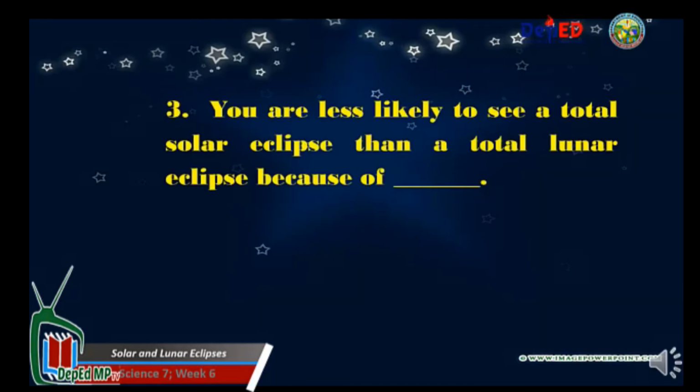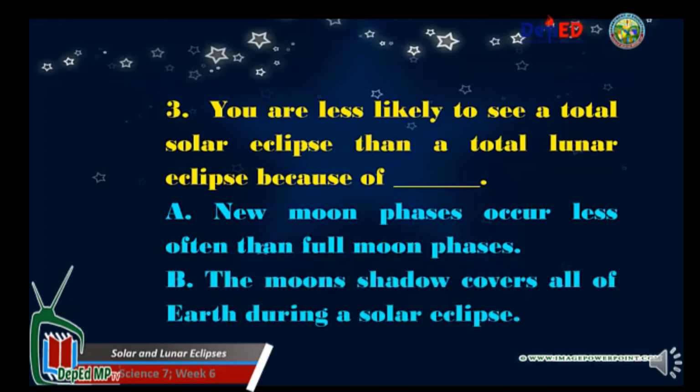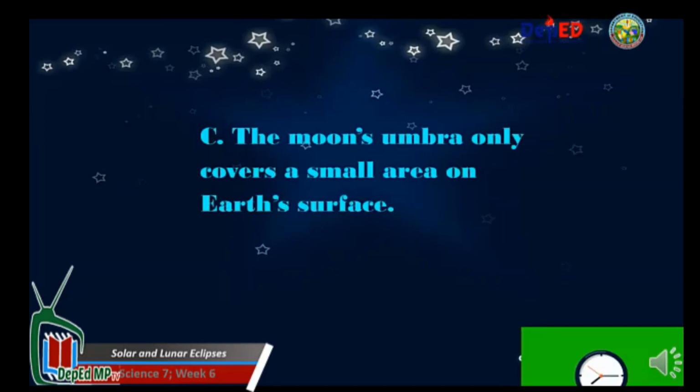Number 3. You are less likely to see a total solar eclipse than a total lunar eclipse because of blank. A. New moon phases occur less often than full moon phases. B. The moon's shadow covers all of Earth during a solar eclipse. C. The moon's umbra only covers a small area on the Earth's surface.